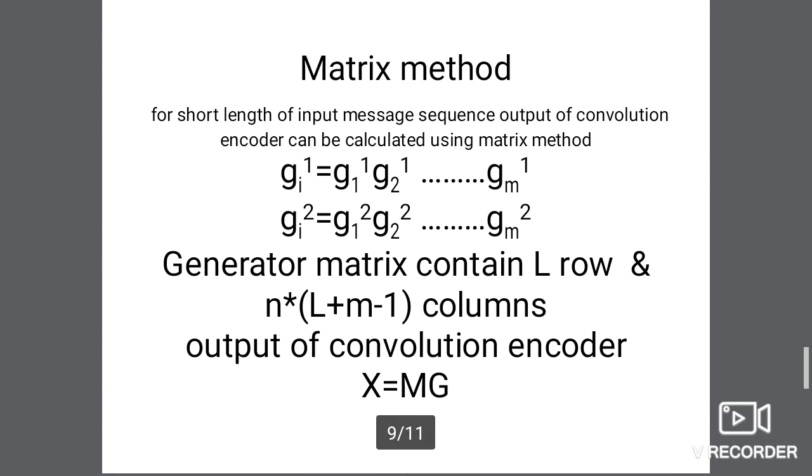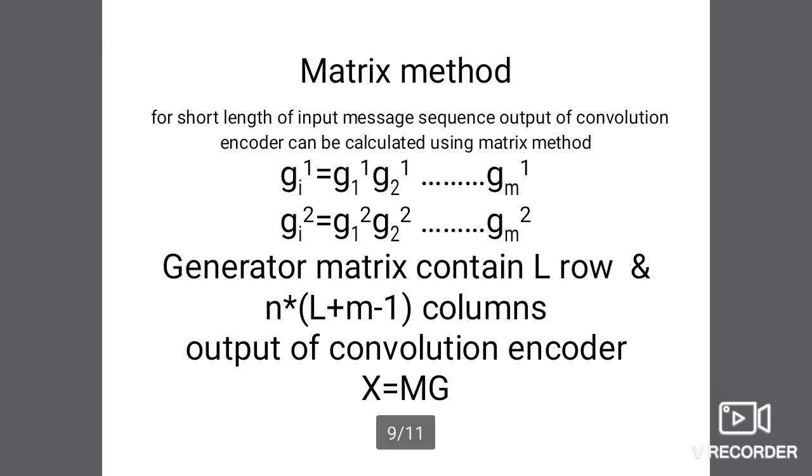Then the next method is the matrix method. It is useful for short length input message sequences. The output of a convolution encoder can be calculated using the matrix method. We use the generator matrix with g1(1), g2(1) and so on, and g_m(1), and g1(2), g2(2) and g_m(2), and so on.